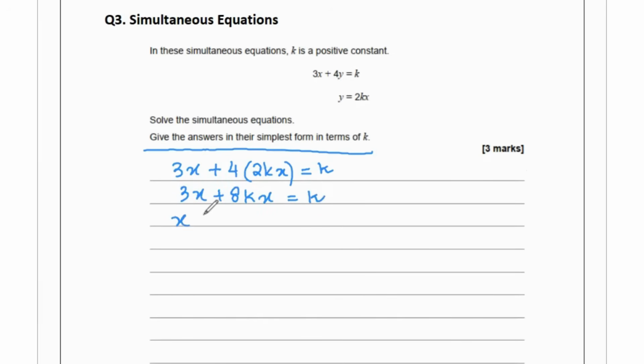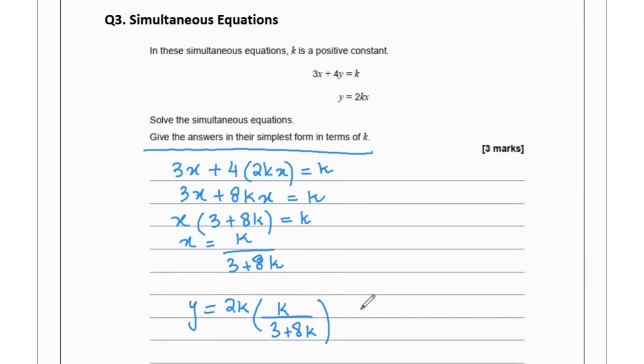I will take x common because we want to find the value of x and y. So it's going to be 3 plus 8k inside the bracket, and x is going to be k over 3 plus 8k. Now since y is 2kx, just replace the x with k over 3 plus 8k, and that gives us 2k squared over 3 plus 8k as the value of y.